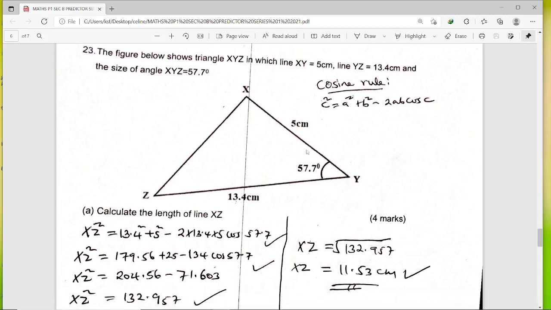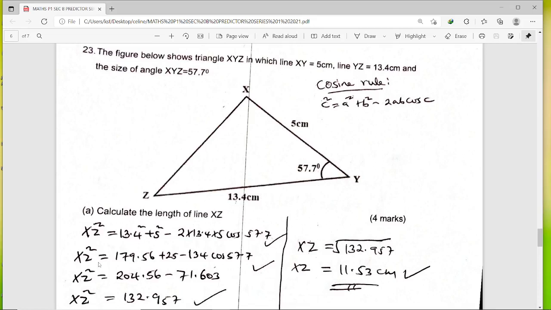And therefore, XZ squared will be equal to this line squared plus this squared minus 2 times this times cos of 57.7. So that's what we have done.